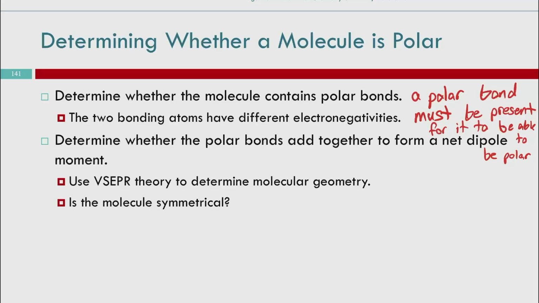If we don't have a polar bond, it can't be polar. So that's our first check. Do we have a polar bond? If we don't have a polar bond, congratulations, it's not polar.